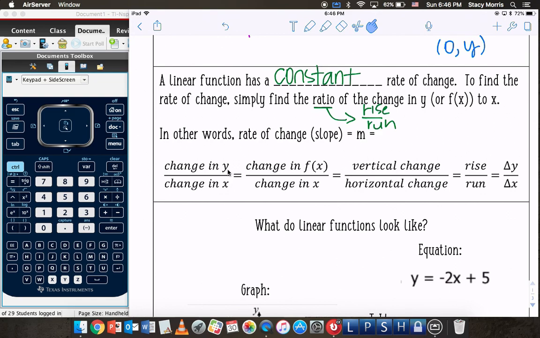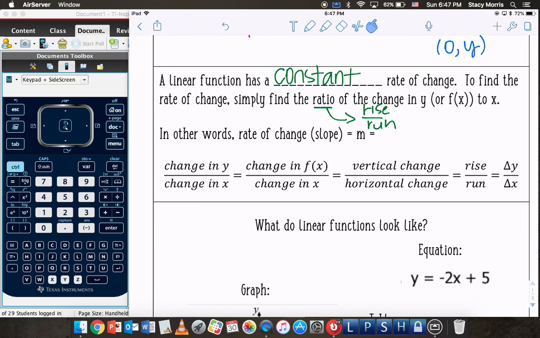So the change in y divided by the change in x, the change in f of x divided by the change in x, a vertical change divided by the horizontal change, rise over run. This is what I'll say most often. And then this right here just says change in y divided by change in x. That triangle is the symbol for delta, and delta means change. So just know this is an abbreviation for change in y divided by change in x.